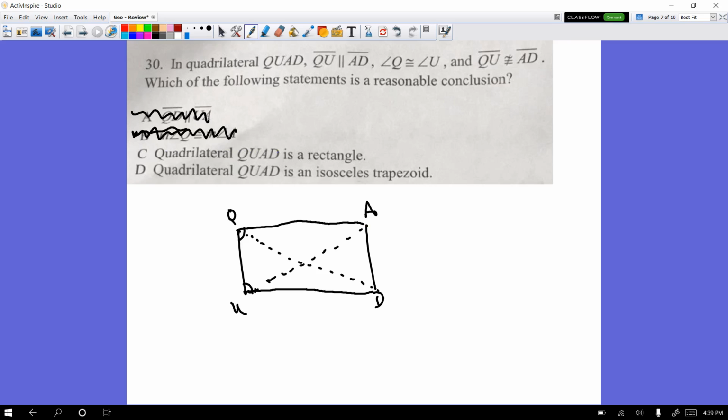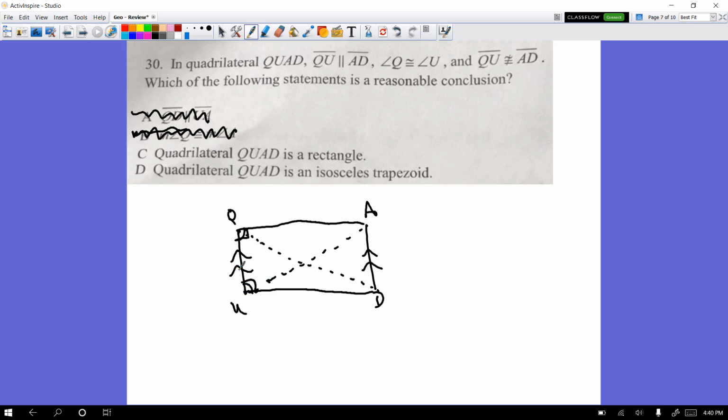Quadrilateral quad is our rectangle. Well, if we know that QU and AD are parallel, okay? And angle Q is congruent to angle U. Cool. So far, it could be a rectangle.